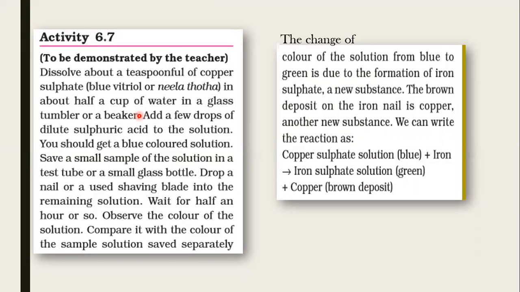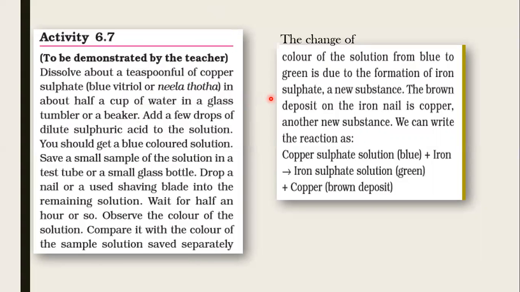After half an hour, we can see a change in the color of the solution, and also we can see the color change in the blade. How does it happen? On adding the iron nail or the shaving blade, the iron present in the blade or the nail reacts with the copper sulfate solution and replaces copper from it, because iron is more reactive than copper.